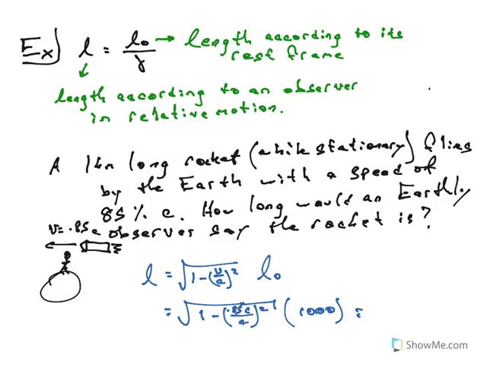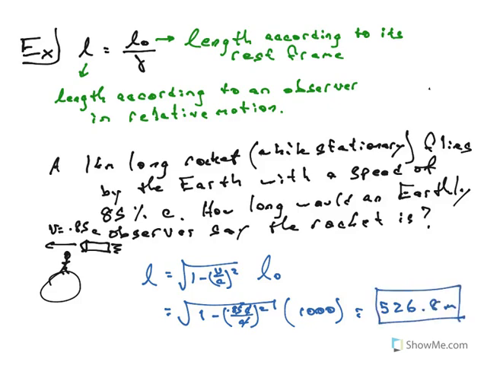And what do we get? Well, again, the c's cancel here, so I get 0.85 squared, 1 minus that number, square root of that thing, times 1,000 meters, and I get that, according to the person on Earth watching this rocket fly by, they would say the rocket measures a length of 526.8 meters.